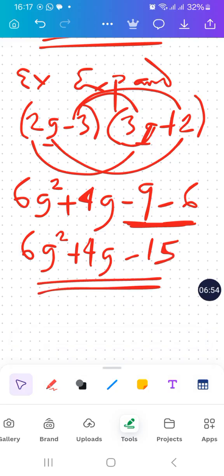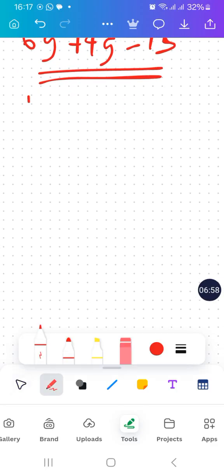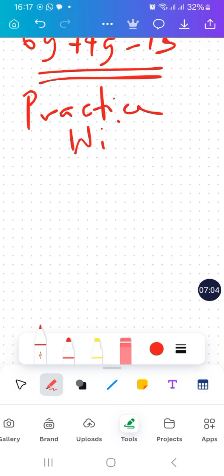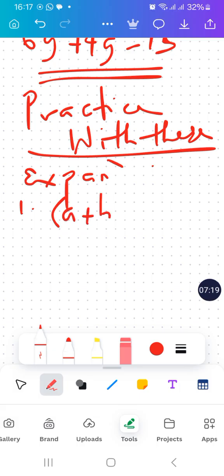Okay, if you understood this concept very well, I would want you to practice with this and drop your answers in the comment section. Expand this. Our very first one says a plus b into brackets m plus n.